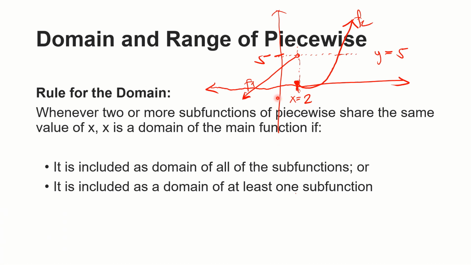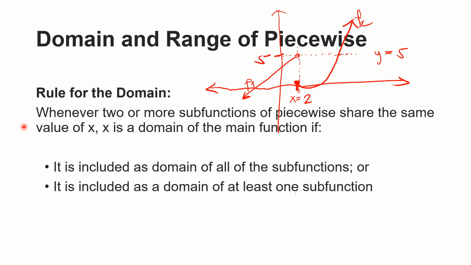In subfunction number 1, x is equal to 2 is not included because we have a hole. However, if we look at the graph of subfunction number 2, we have here a shaded circle at x is equal to 2.